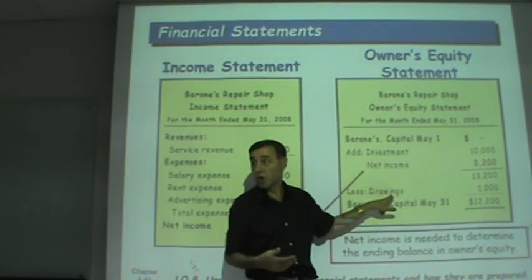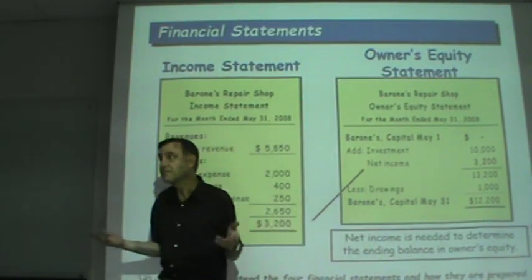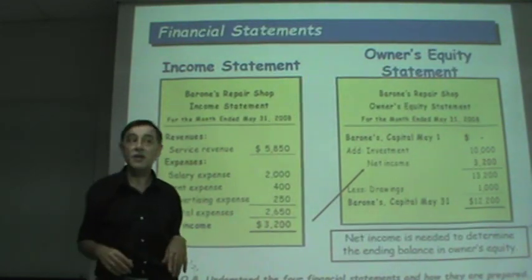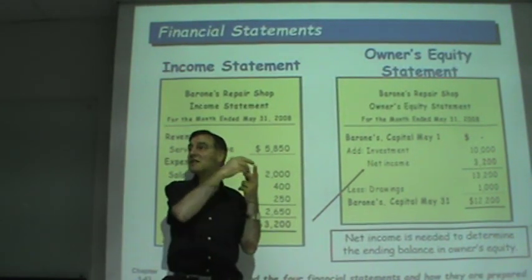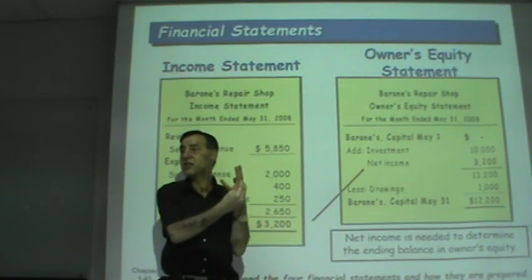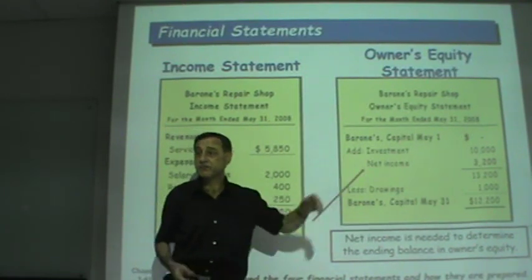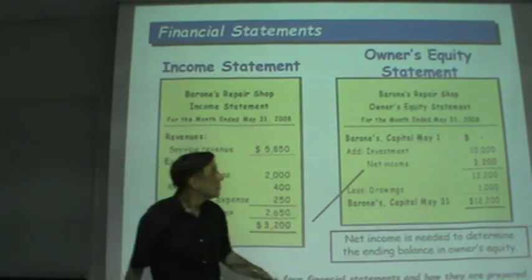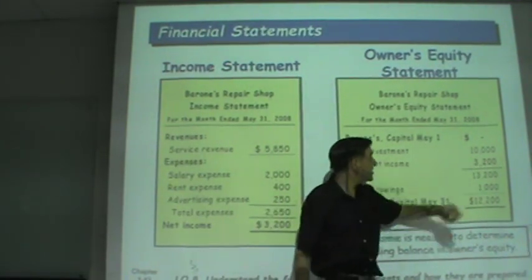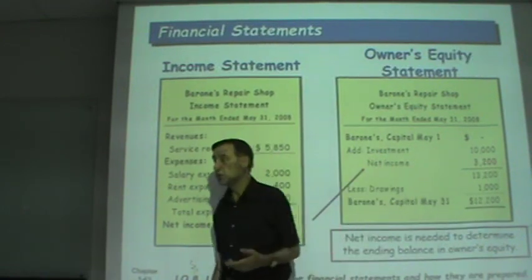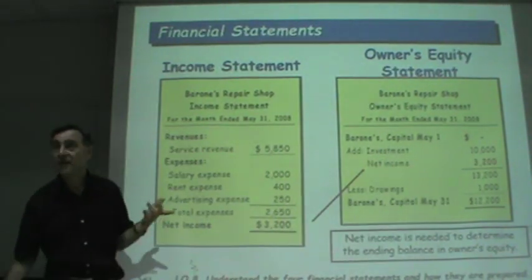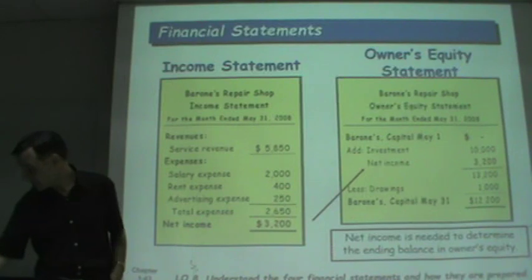They call it drawings. That's it. That's everything there is. 10,000 plus 3,200 is 13,200, minus 1,000 is 12,200. That's it. Next one.